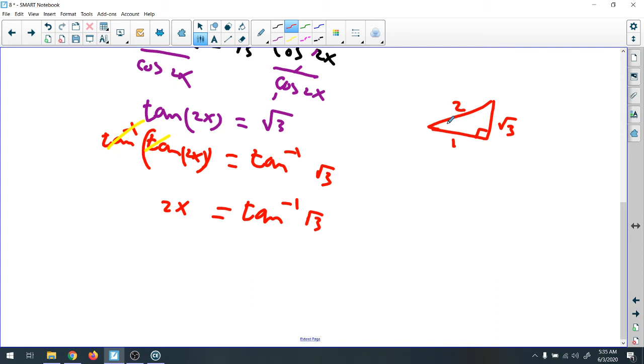Hypotenuse is 2. And this is our angle. This is not 30 degrees because if it's 30, 1 will be over here, it will be a half. This is 60 degrees. So go over the circle here to know where the location of 60 is, the positive tangent.